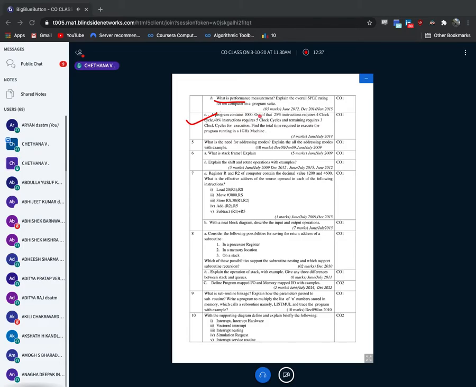N value is equal to 1000, and the S value we're already aware of, and R value is equal to 1 gigahertz. We have just put the values inside the formula. So for 4C, I've already given the answer.